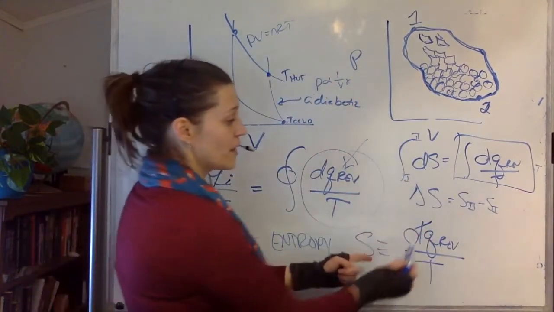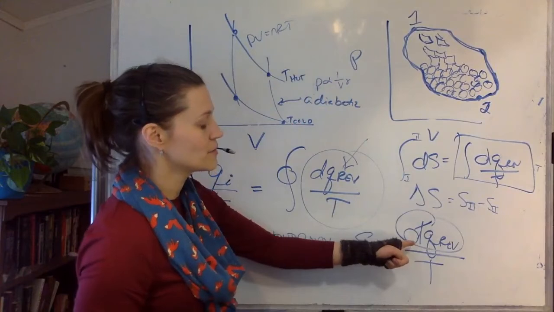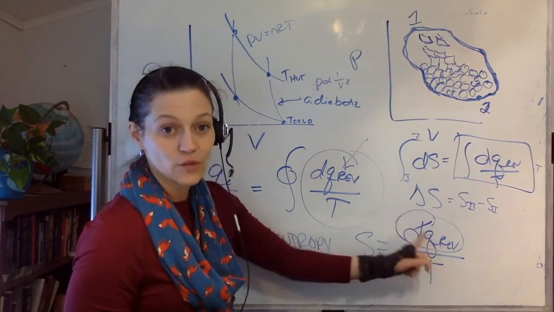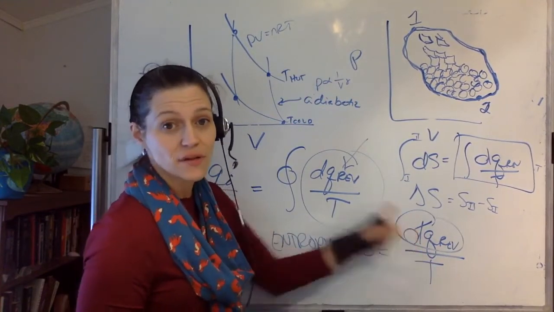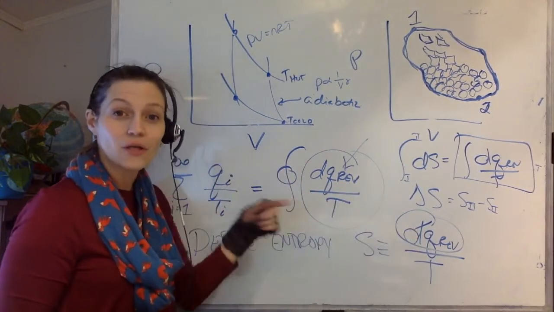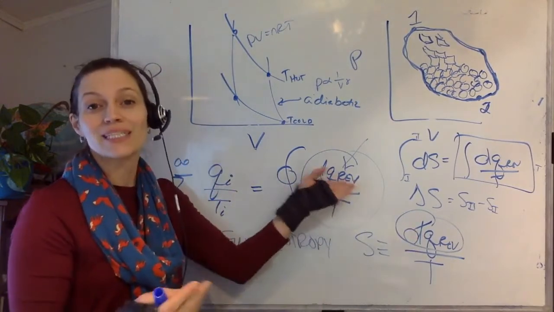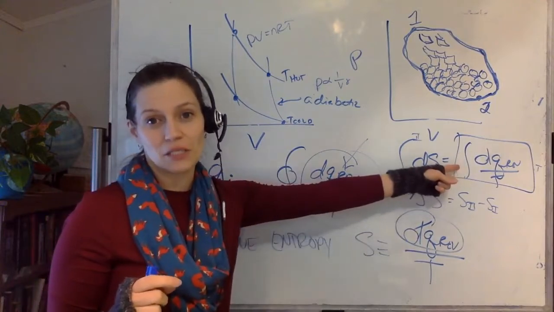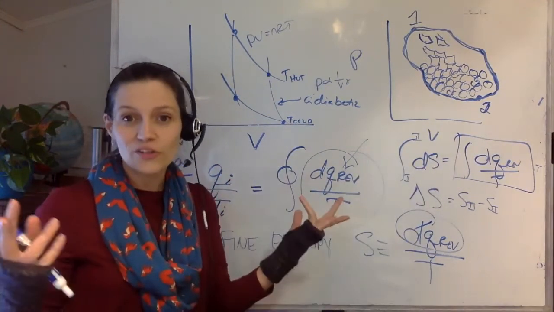At this point I don't have a path function associated with my dq, so that's why I have this little hat here, because this is the path integral. But under the assumption that this becomes infinitesimally small, such that I can determine the path, it becomes dq. So what do you do with this?